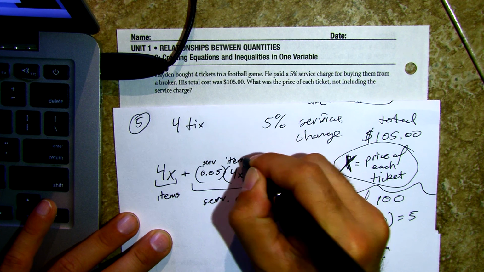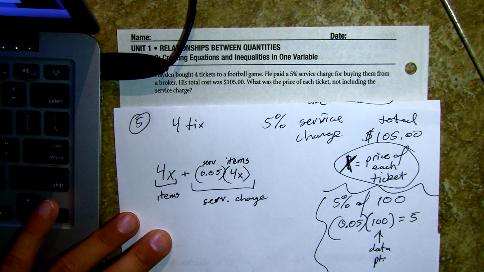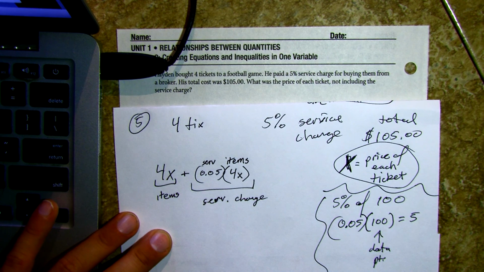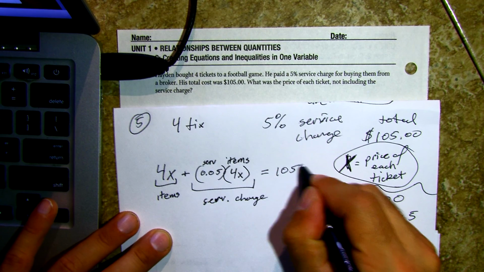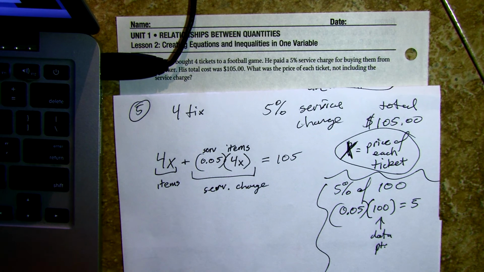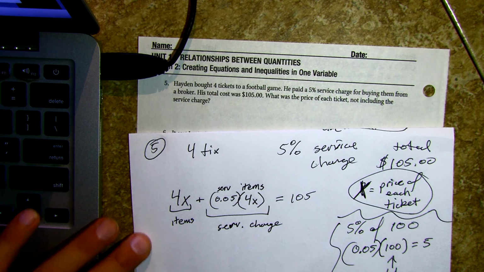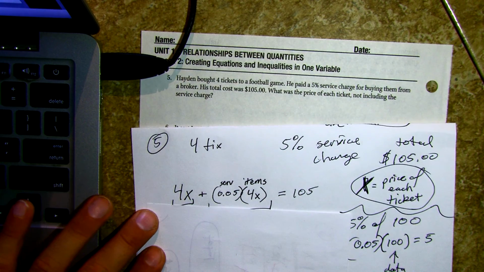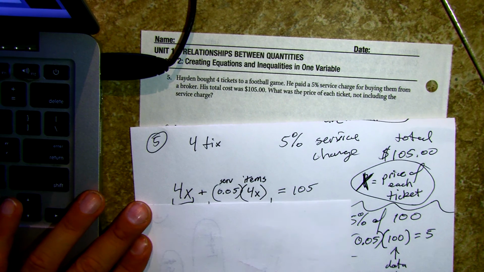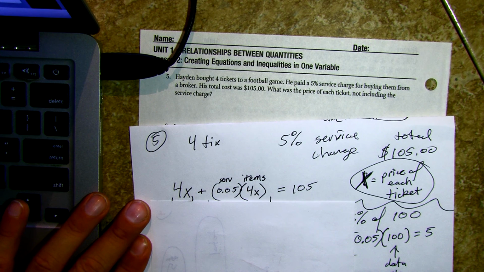No worries. Integrated math does not prepare you as well as I'd like for factoring, so I do a whole breakout lesson on that. Essentially what I did is I looked at the whole thing and I said, well, I can factor out a 4x from both terms. Divide out the 4x, I get 1 here. Divide out the 4x, I get that 0.05. Now, that is just where we're going. I wanted to have that ready for you.